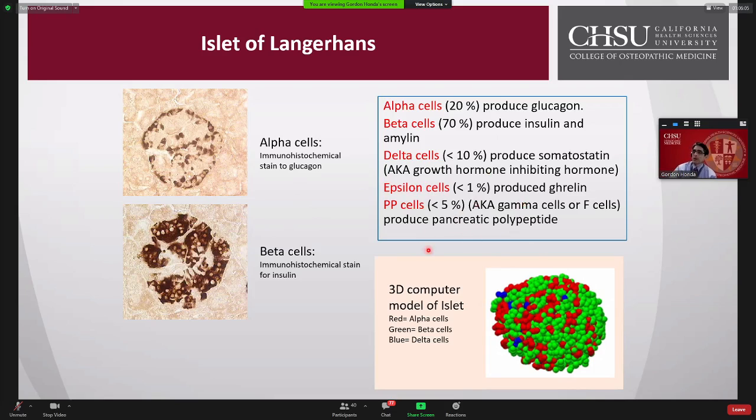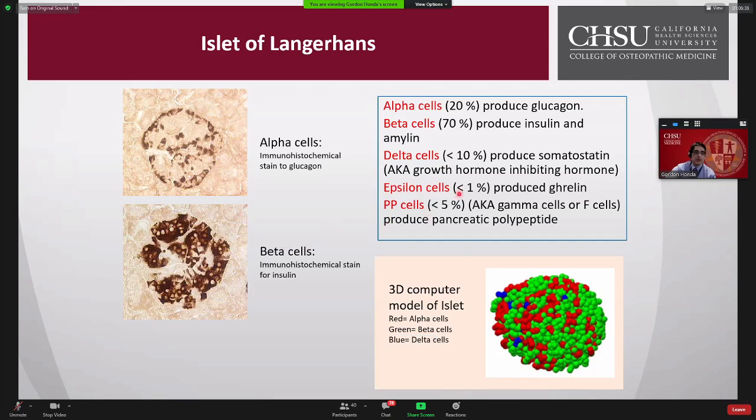But I would say that there's general information here that is probably considered general knowledge. Especially this slide may be worth looking at carefully, because someone could ask you which is the most numerous cell that forms the islets, or they could point to an immunohistochemical stain and ask, what cells are we staining?